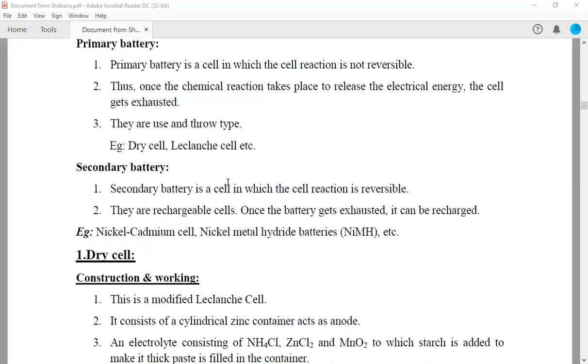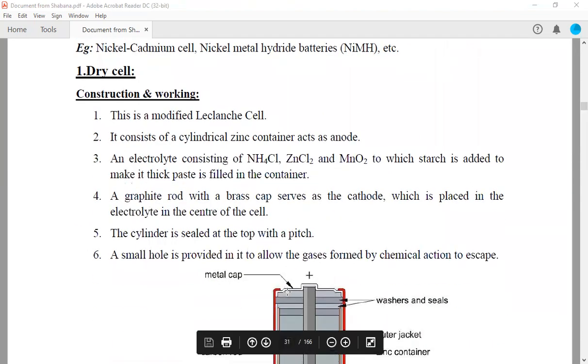Coming to the example of the primary battery, the dry cell, we will learn about the construction and working of the dry cell.